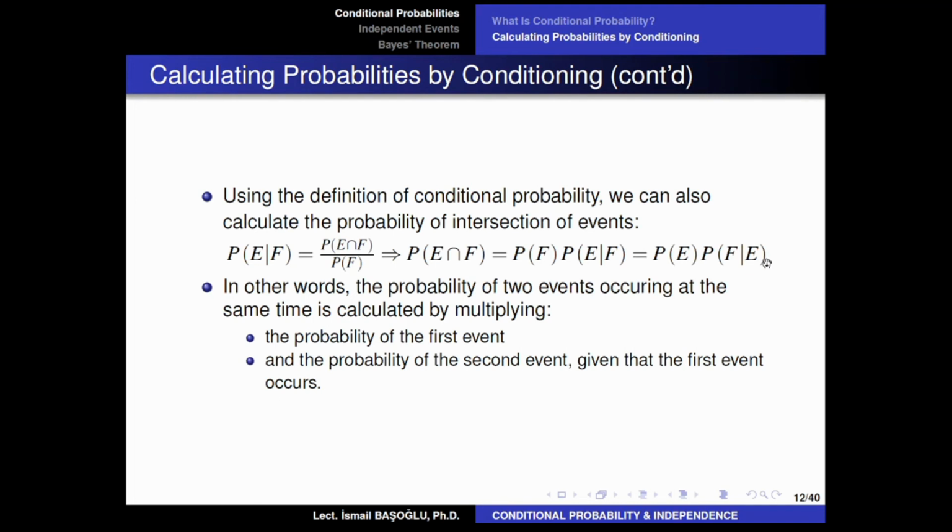You can also think in the reverse of the timeline. You can start by writing whichever event you would like, then the probability of the other event given that the first occurs. It doesn't matter. In both cases, you would get the probability of E intersection F.